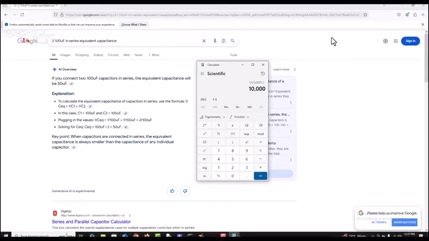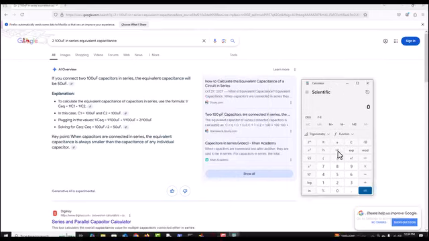Okay, now we have it. It's going to be 1 divided by 100 microfarad, and then plus 1 over 100 microfarad, that's going to be times 2. So it's 0.02, and invert that, we're going to have 50 microfarads.